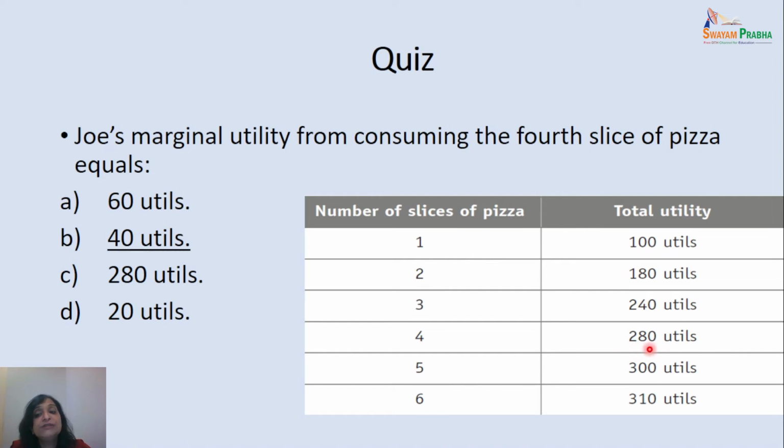Marginal utility will be 280 minus 240, that is 40 utils. So this is a positive marginal utility: by consumption of one extra slice of pizza, my total utility increased from 240 to 280. So this is how we calculate marginal utility.